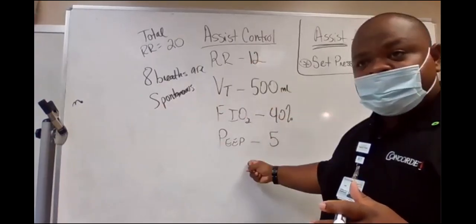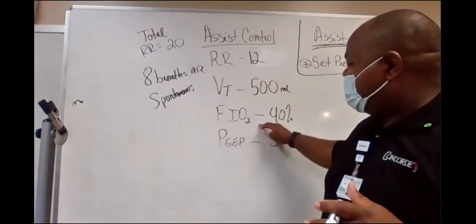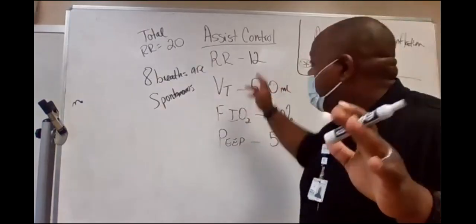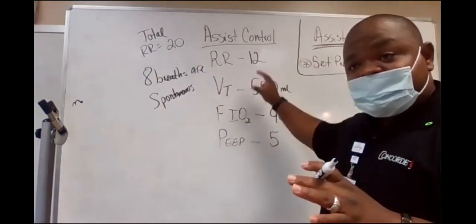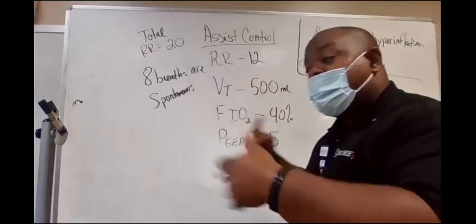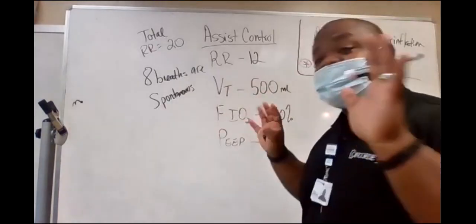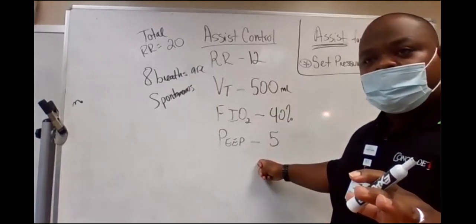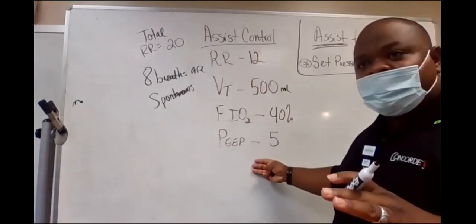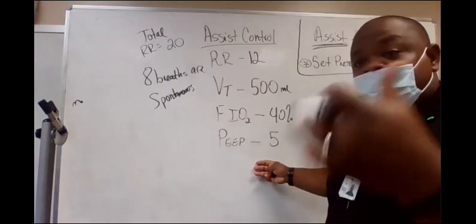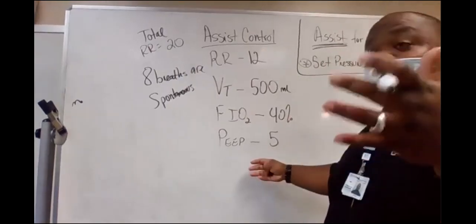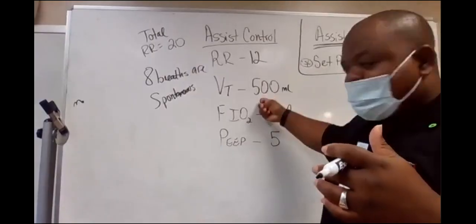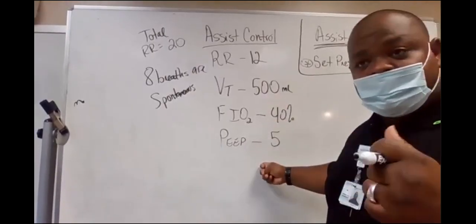This is guaranteed. 12 breaths and 40% and 12 times a minute is guaranteed because I have it set. Okay, if he breathes more, it'll give him more. But if he stops, he's still going to get this no matter what. Okay, this is like a backup rate. Once he starts breathing on his own, good. But if something happened and he gets sick and he goes back out, then he's still going to get this no matter what. You understand?